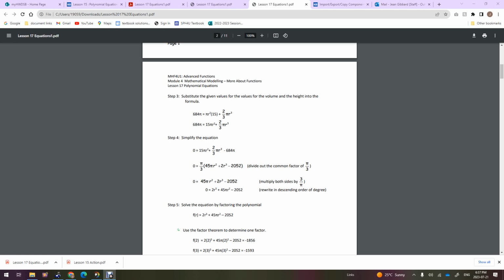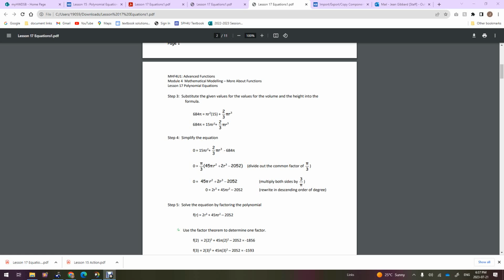From there, we just reorganize. 684 pi is equal to 15 pi r squared plus 2/3 pi r cubed. Now, we want to look at how to simplify the equation.